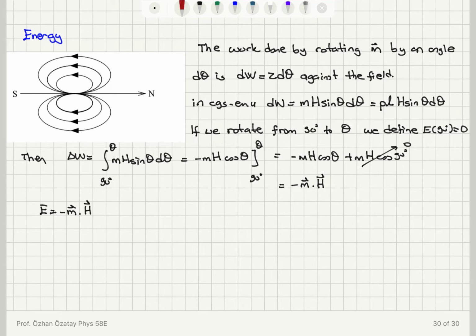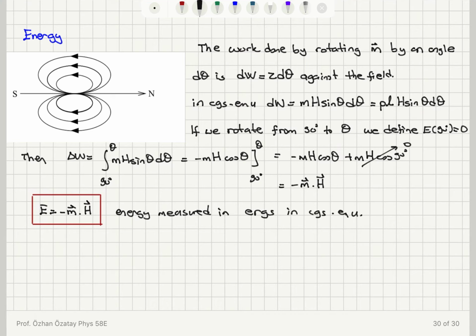So it's going to have its minimum value when it is aligned with the magnetic field, and it will have its maximum value when it is anti-parallel to the magnetic field, so that the energy will be plus m h, because the dot product will give us a minus 1. Okay, so in CGS, this is energy measured in ergs in CGS EMU units.